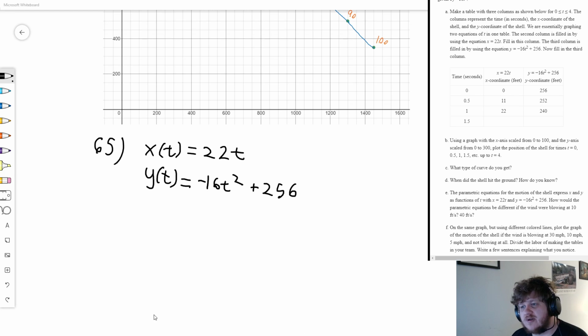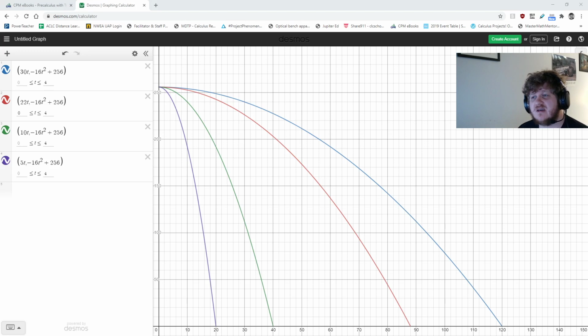With this, I'll take a moment to show you on Desmos how this looks. As you can see, you have different equations based on the models you were drawing. The parametric equations for the y coordinates are all the same, and all that changes, based on the wind, is how far the oyster shell moves in the x direction.